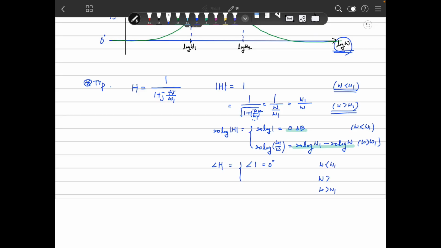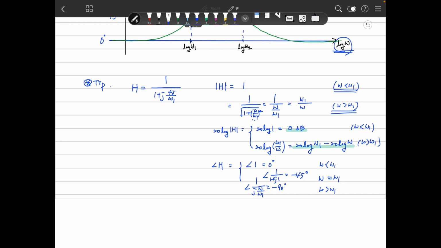Then this is very large, so that will be j omega over omega 1. So that will be minus 90 degree. How about when omega is the same as omega 1? Then there will be the phase angle of 1 plus j1, so this will be minus 45 degree.